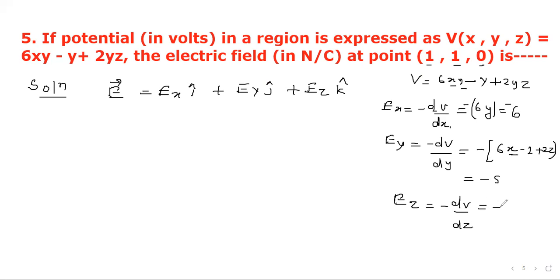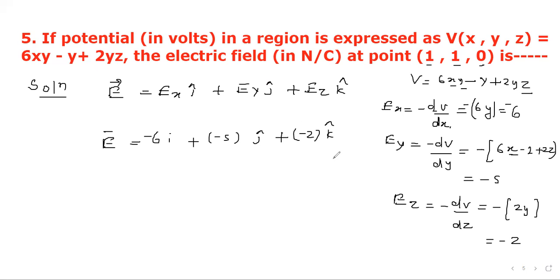When we differentiate with respect to z, only 2y we will get. So y is given as 1, so we will get minus 2. Hence the electric field will be Ex minus 6 i cap plus Ey is minus 5 j cap plus Ez minus 2 k cap, which is our answer.